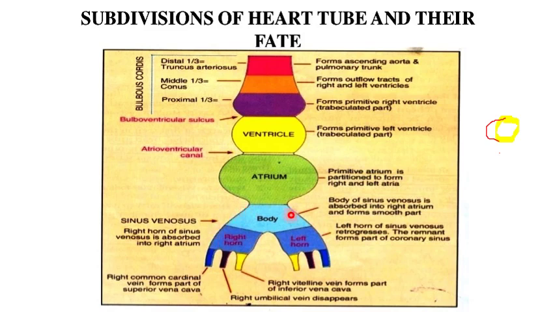And the blue one is the sinus venosus, which has a body and two horns, and this body of the sinus venosus will be absorbed into the right side of the primitive atrium to contribute to the development of the right atrium, the smooth part of the right atrium. And the right horn and the left horn will receive all these veins which we were talking about, the two vitelline veins from the yolk sac, two umbilical veins from the placenta, and the two common cardinal veins from the body wall.